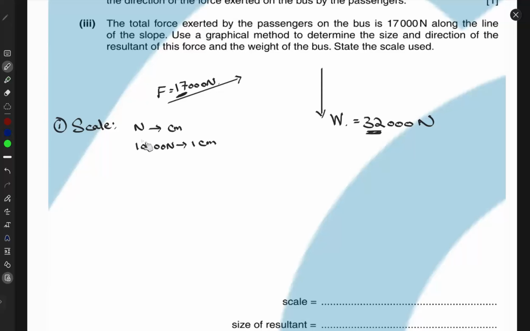In this case, for this force, I need to draw a line of 1.7 centimeters. And then for the weight, I'll put the tail of this vector on the head of the force vector, and the weight would be a line of 3.2 centimeters. Is that clear for everyone?